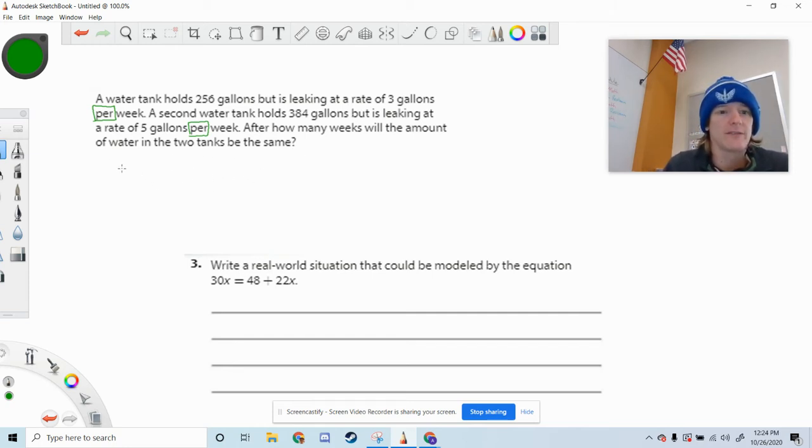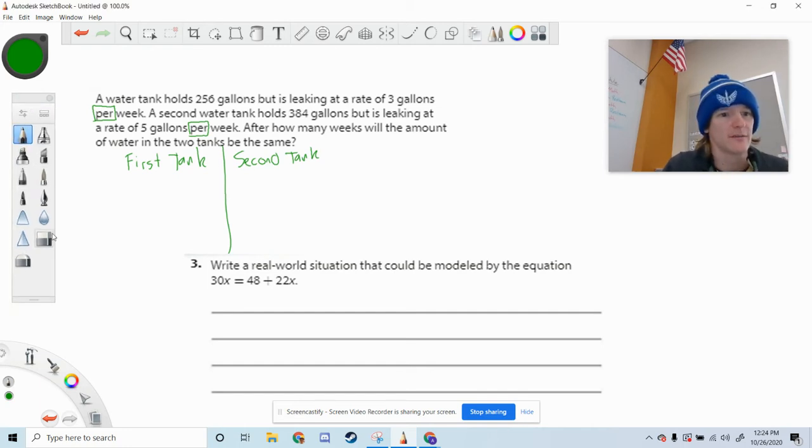On the left, we're going to have, let's see, our first tank, we'll say is over here, and our second tank, I don't know why I drew a line there in the middle. We'll have our first tank on one side of the equal sign and our second tank on the other side. So our first tank starts with 256 gallons, and it leaks at 3 gallons per week.